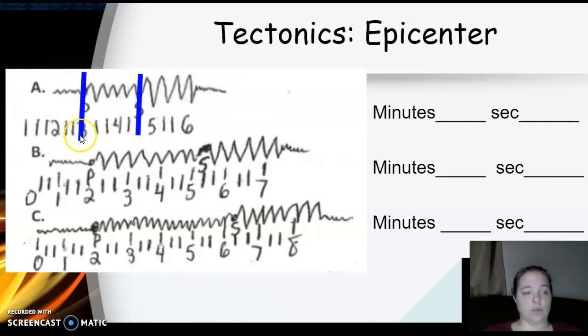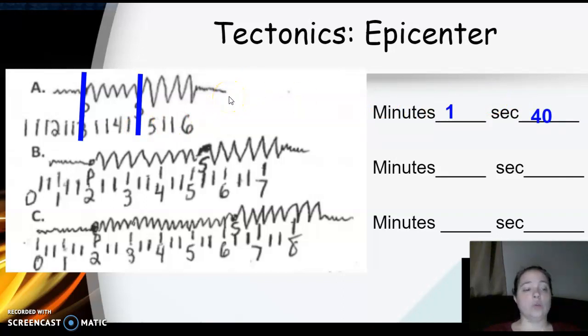Well, 3 goes from here to 4. There's 1 minute. I can't go to 5 minutes. Now, each of these little hash marks is 20 seconds apiece. So 1 hash mark is 20, second is 40. So it's 1 minute, 40 seconds.